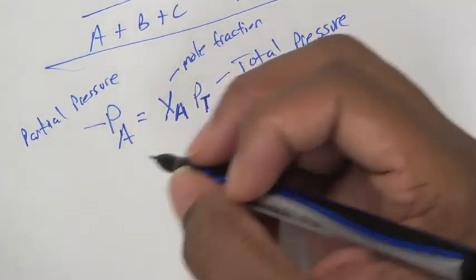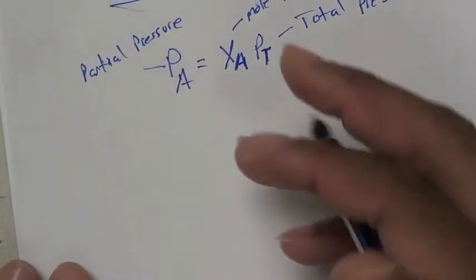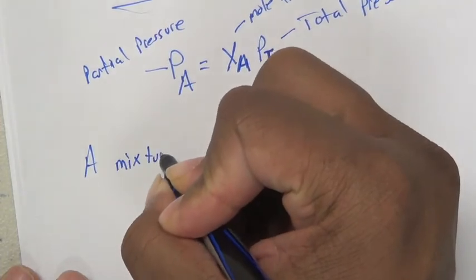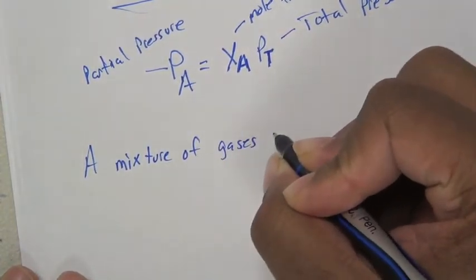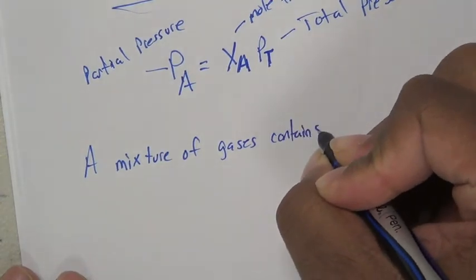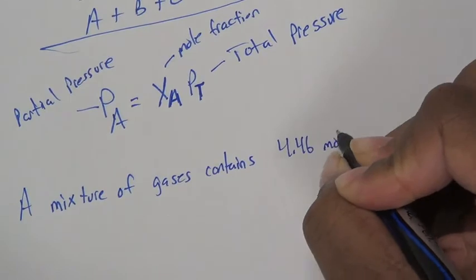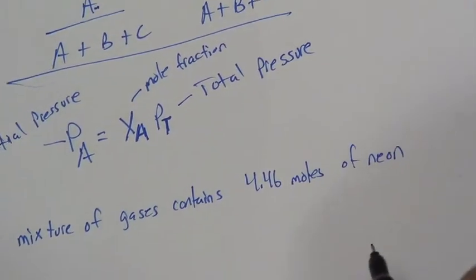So, let's see, I'm gonna do one right here. It says a mixture of gases contains 4.46 mole of neon.